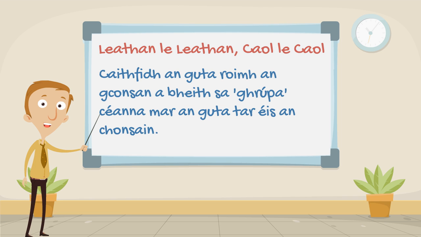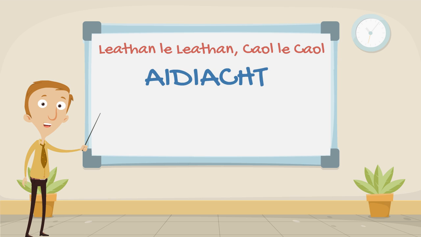For example, if we look at the word adiocht, there is a slender vowel before the D, therefore there is also a slender vowel after the D. In this case, both slender vowels happen to be I. This rule applies to 99% of Irish words, so learn it well.